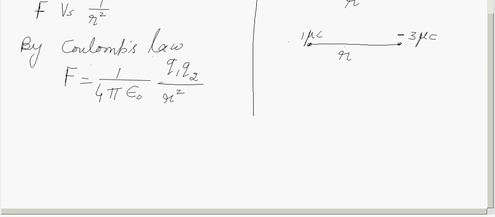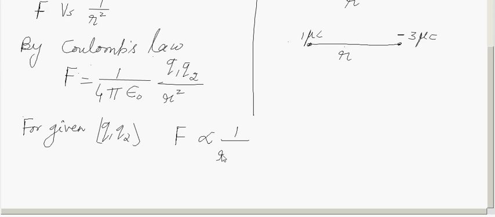For given Q1 Q2, F is proportional to 1 by r square, because this will become constant and F will vary depending upon the distance.